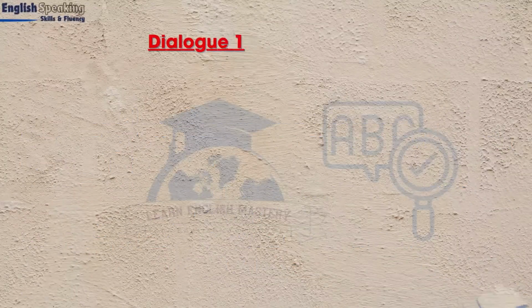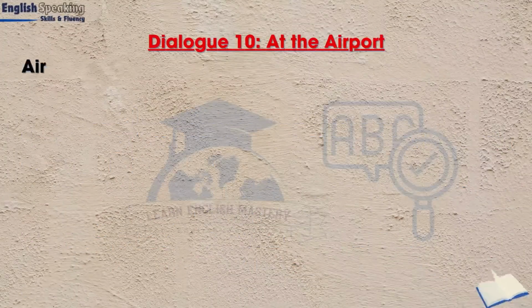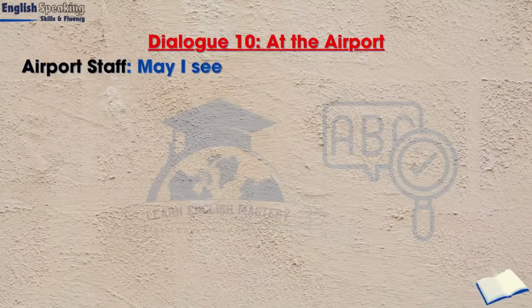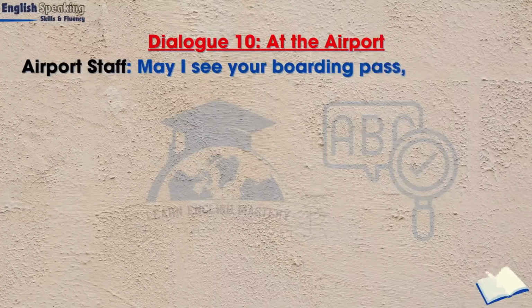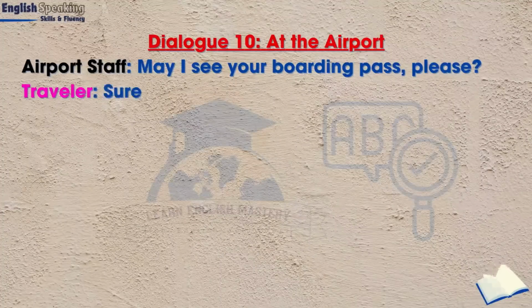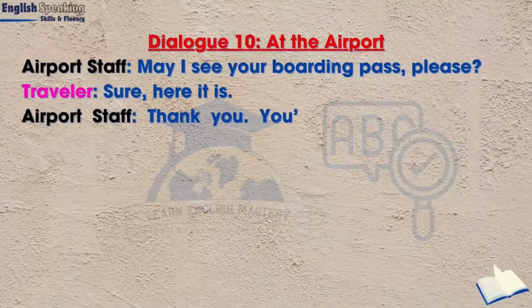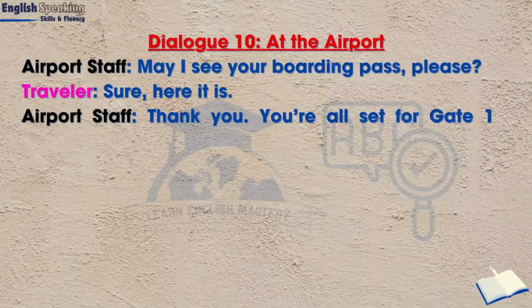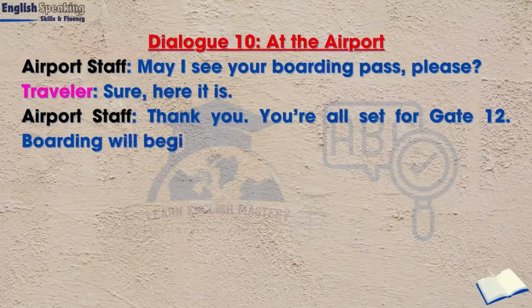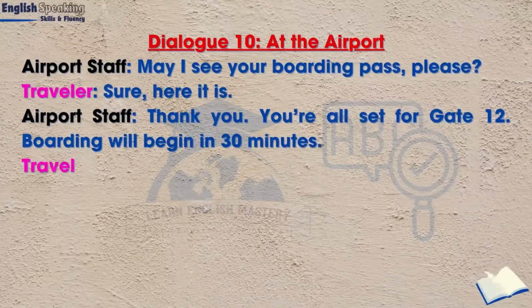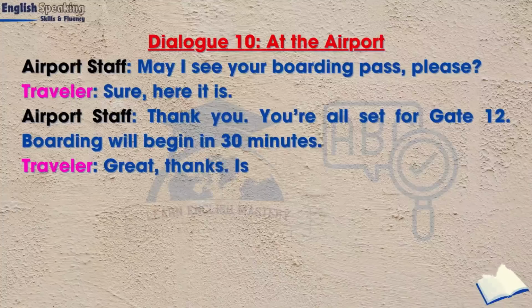Dialogue 10, at the airport. Airport staff: May I see your boarding pass, please? Traveler: Sure, here it is. Airport staff: Thank you. You're all set for gate 12. Boarding will begin in 30 minutes. Traveler: Great, thanks.